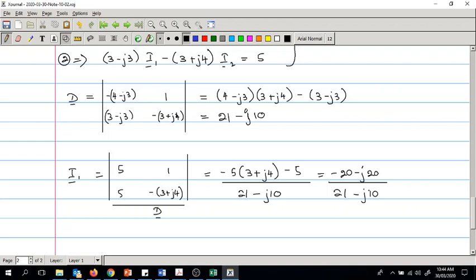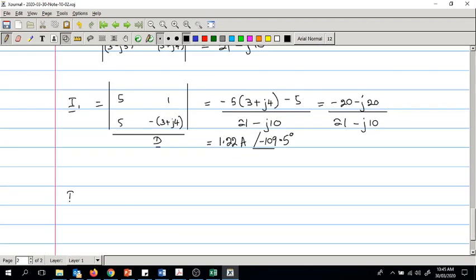I'll convert that into polar: 1.22 amperes angle minus 109.5 degrees. That's I1.